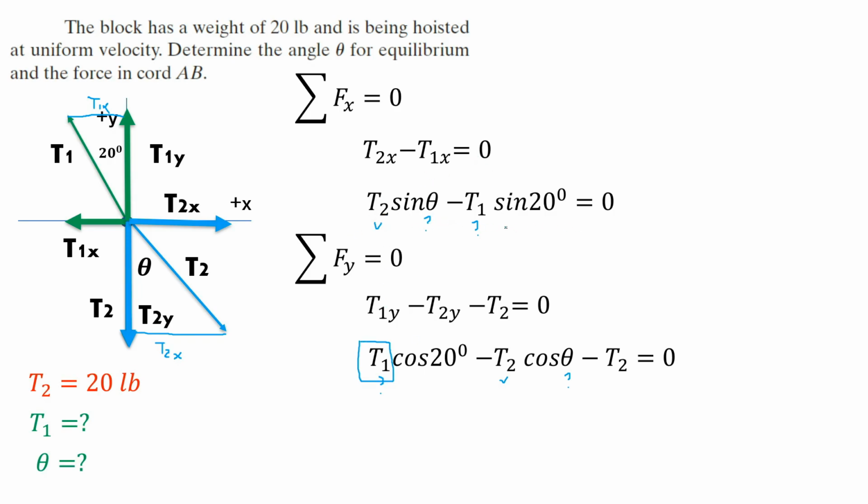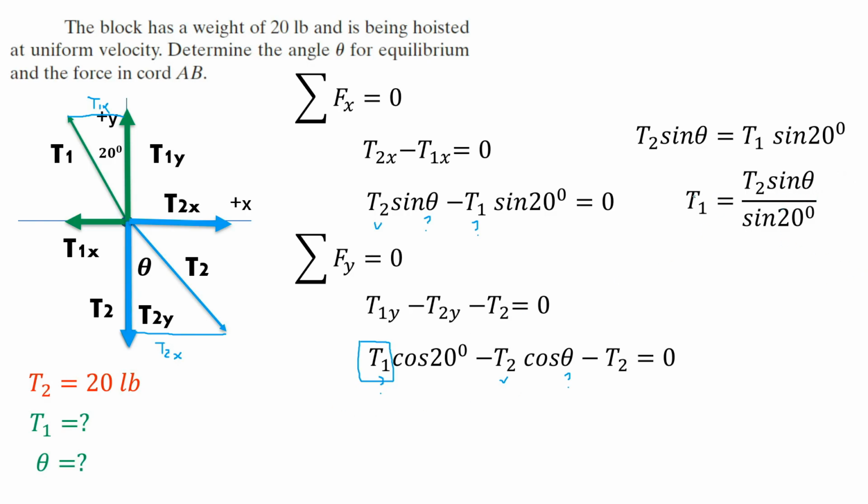I will derive it so that I have an equation equal to T1. First, I transpose T1 sine theta to the other side, so T2 sine theta is equal to T1 sine 20 degrees. Then divide both sides by sine 20, so T1 is equal to T2 sine theta divided by sine 20.